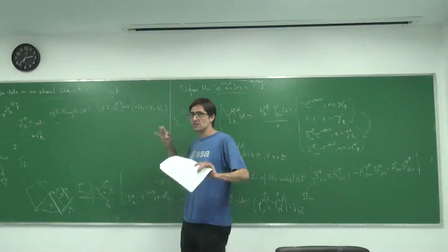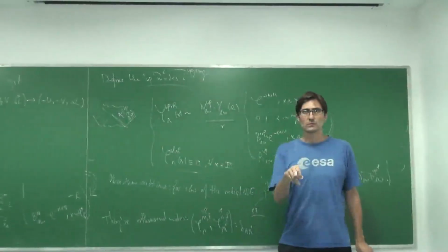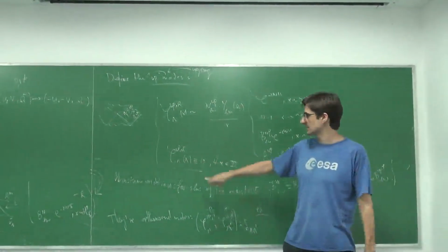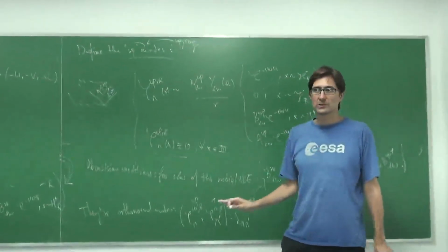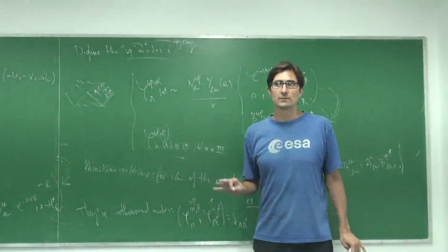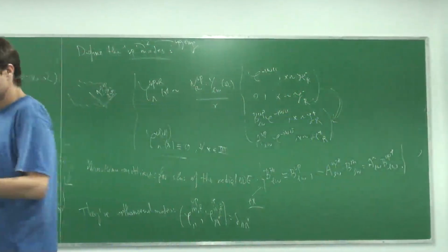But note that as we've defined the modes, we haven't done homogeneous yet, we're going to do that now, but as it stands right now, they're just equal to 0. That's why we call them R here. They're equal to 0 in the left region, region 3.